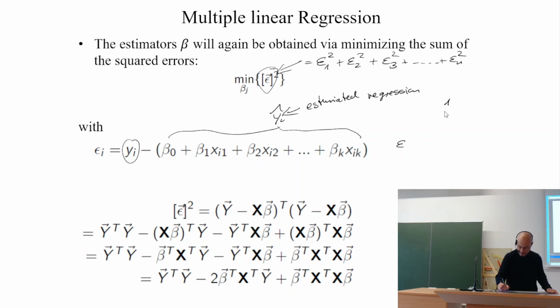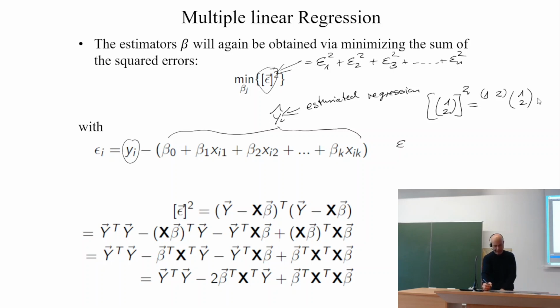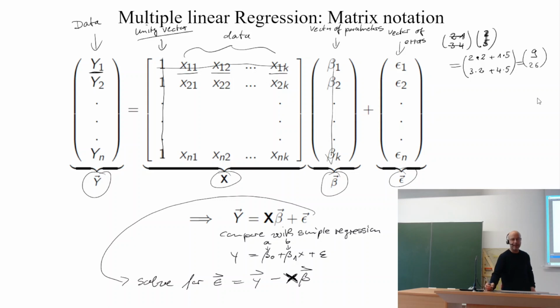So if we say, for example, the vector 1, 2 squared, this is then written that we have to transpose 1, 2 into a line, from a column into a line. So we obtain then 1, 2 times 1, 2, and then we can again multiply these two vectors in the same way as we did it with the matrix and the vector. So the line and the column.